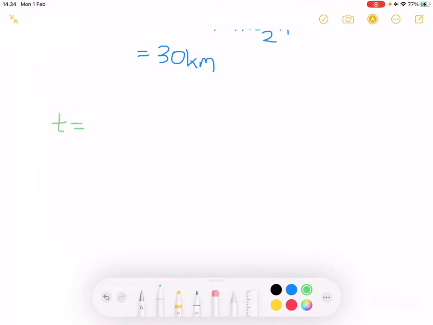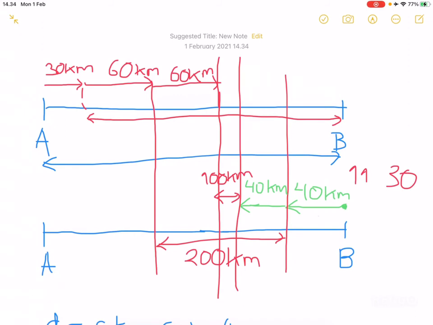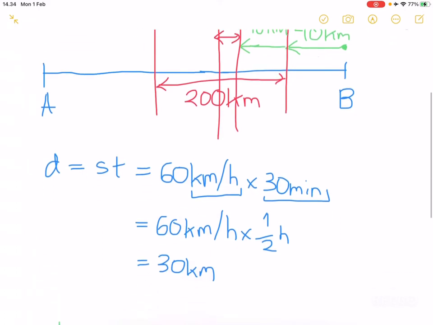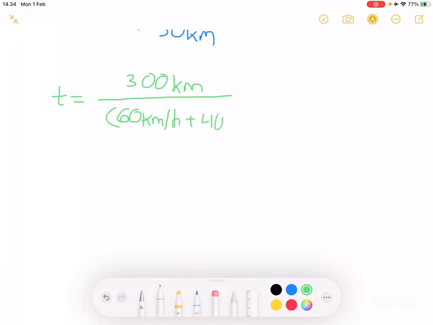The time needed for them both to meet up is the distance between them, which in this case is not 330, as I will explain a bit later, but 300 kilometers, divided by the sum of their speeds, which is 60 kilometers per hour plus 40 kilometers per hour.